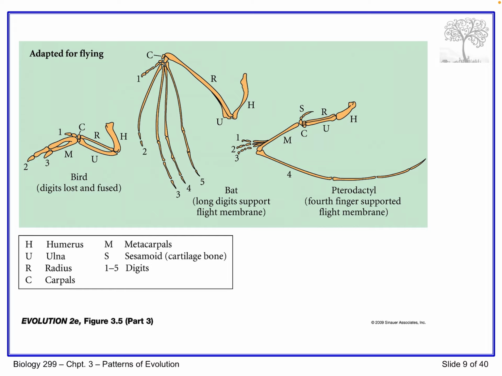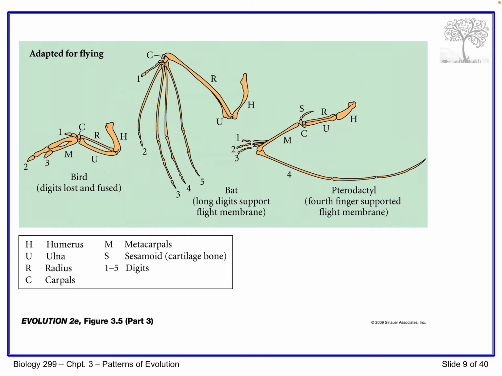It happened one time in the ancestor of flighted insects, and one time in the ancestor of bats. There's no common ancestor between bats and insects that had flight ability and possessed wings, so the fact that they both have wings is not a result of common descent. It's a result of at least two separate evolutionary innovations of wing structure.